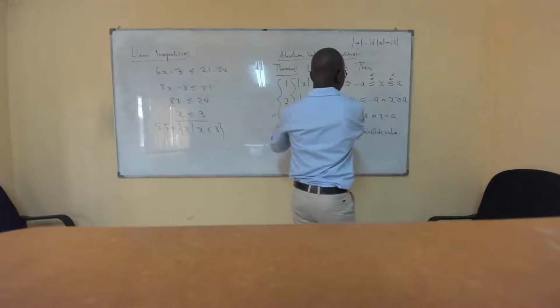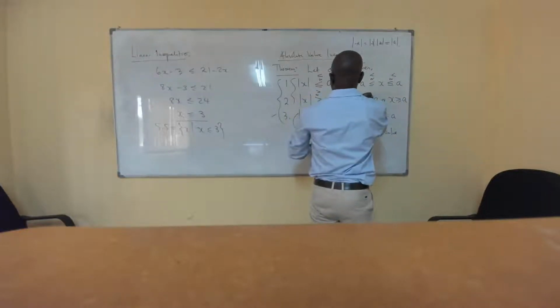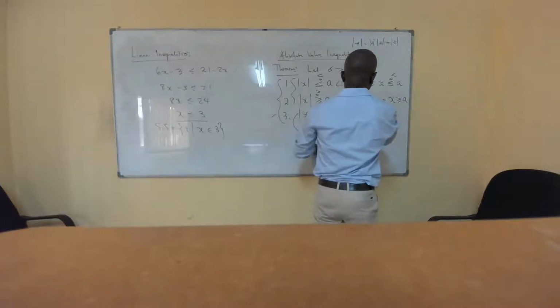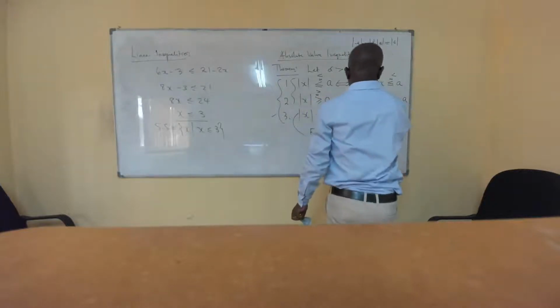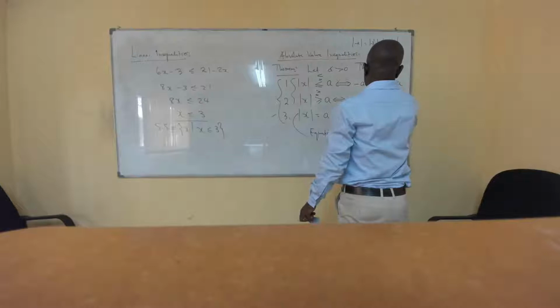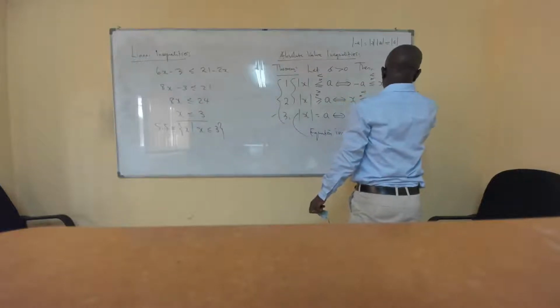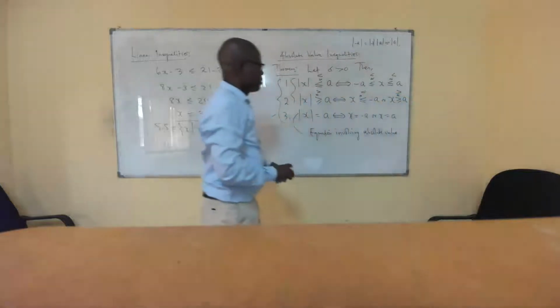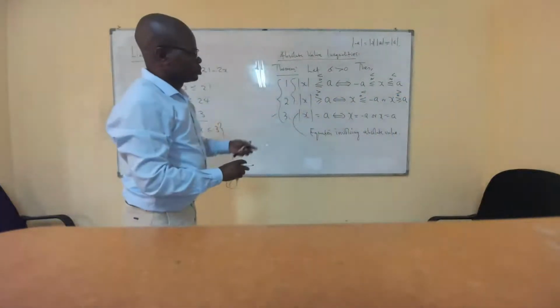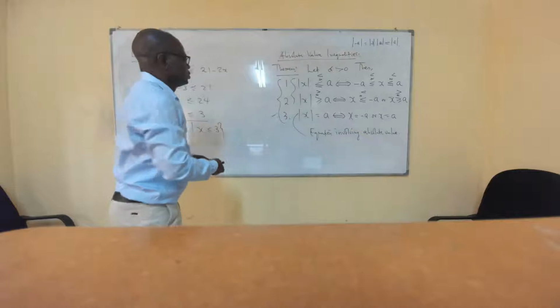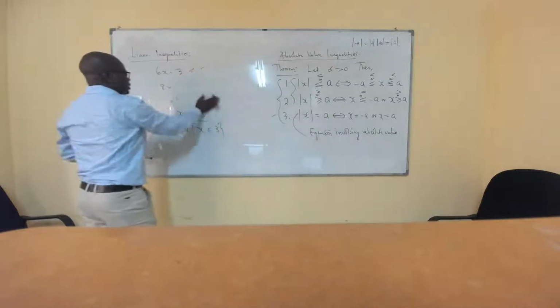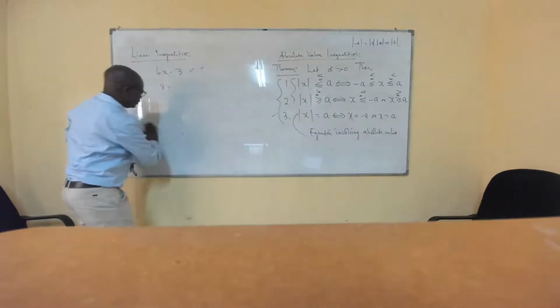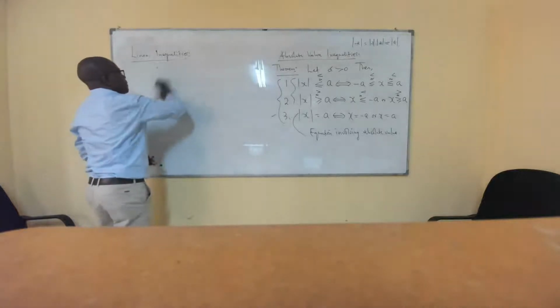In case we have this, then here it will be greater than. It will be strictly less than, and here it will be strictly greater than. So we have to remember that. Very, very crucial, very, very important.